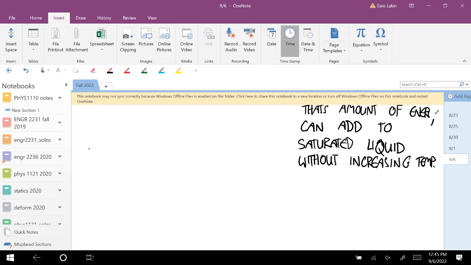Okay, so let me try to explain why this is going to be a really useful thing for us for power cycles, refrigeration cycles, okay?